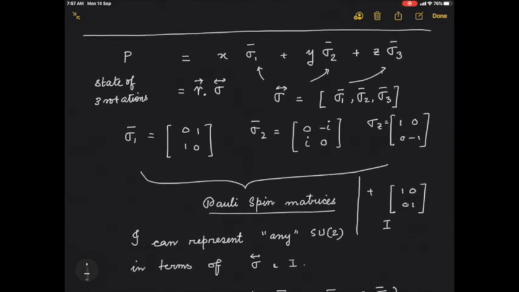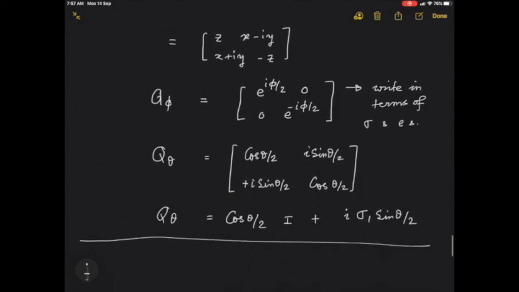And we'll see why it is important to get a similarity transformation there. And at the end, we saw that both the state vectors and the transformations can be represented in terms of Pauli spin matrices. Okay, so that's what you have learned so far. So the rest of the discussion is why this SU2 representation of the rotation is important. That is what we will see a little bit today.